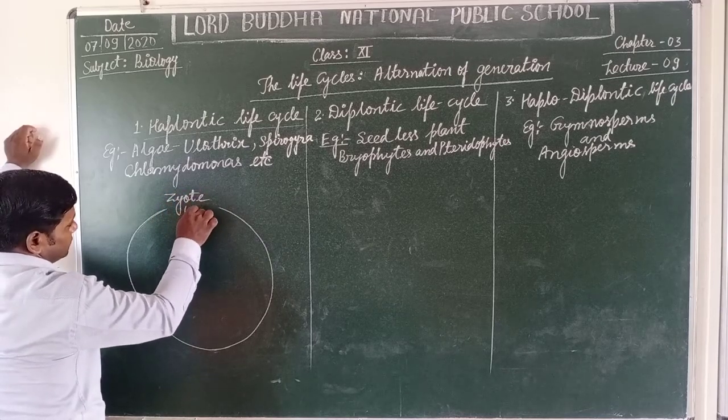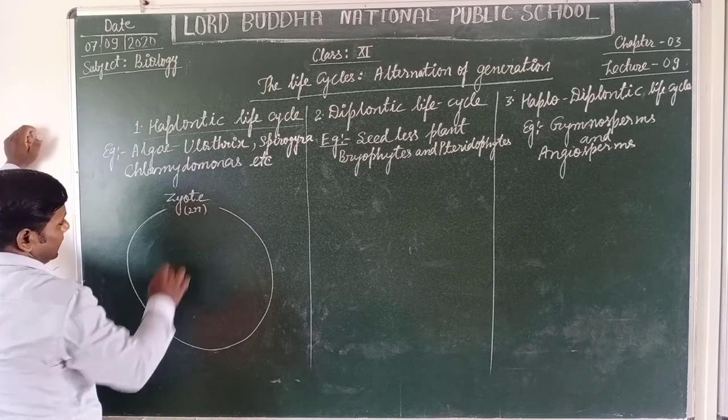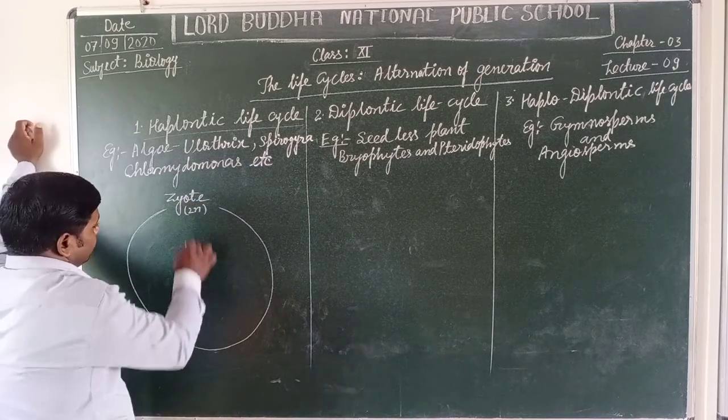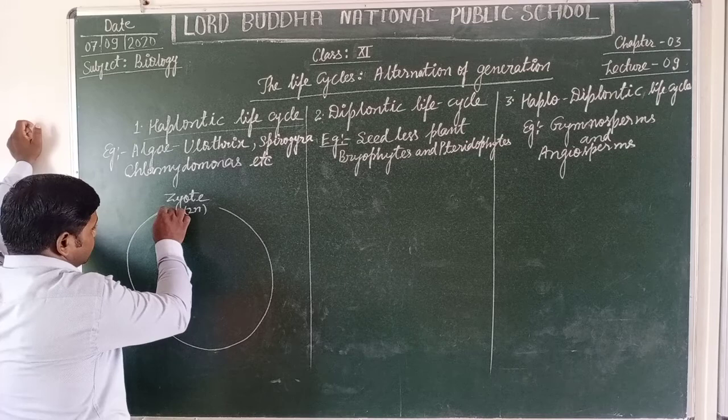Zygote, this is a diploid cell containing the diploid number of chromosomes.